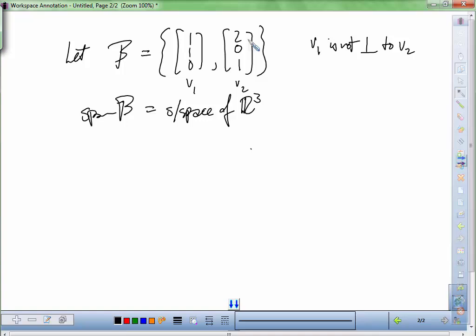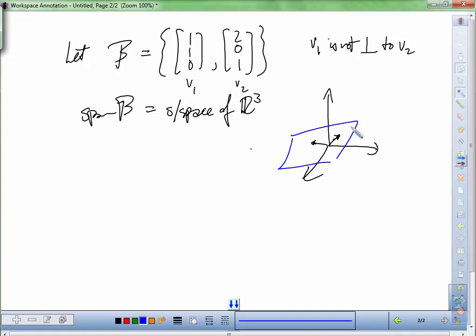Good so far? Now, I'm interested, let's see if I can draw this, 1, 1, 0, and 2, 0, 1. So this thing forms a plane. That's the subspace.